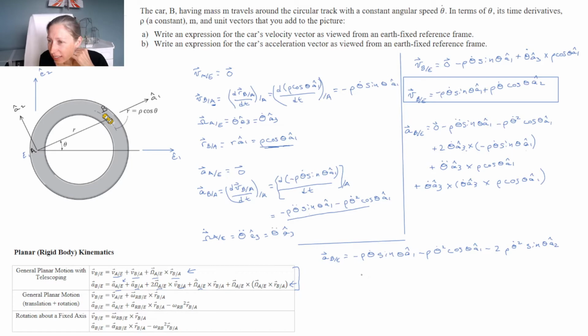Okay, and then the next one is A3 cross A1, so that's just going to be A2 again.